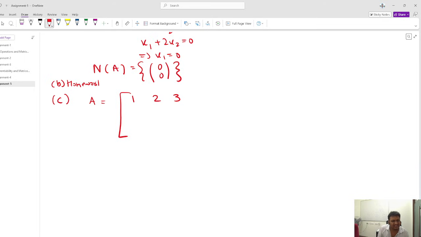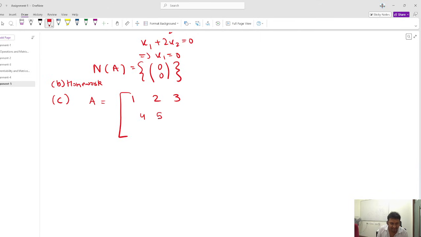It's on exactly the same lines, so I can leave it for you guys to do. Actually, it's the same matrix. Sir, by mistake I think, retyped that matrix. Okay, no issues.